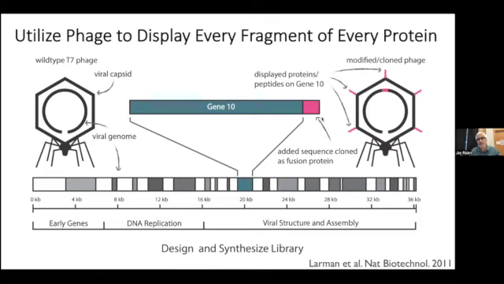One takes that proteome, decomposes all of the proteins into a series of overlapping peptides, designs nucleic acid sequences that code for those peptides, and then clones them in parallel into a phage display vector. So the end result of this is that you have basically a single peptide displayed on every unique phage, for which you know the code, because you designed the nucleic acid sequence that codes for that particular peptide.